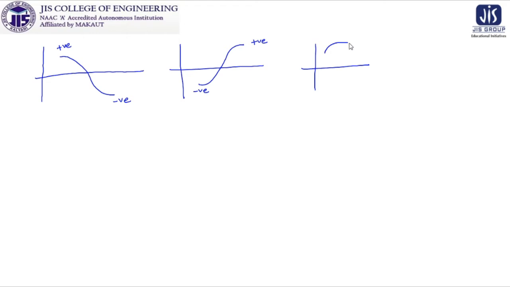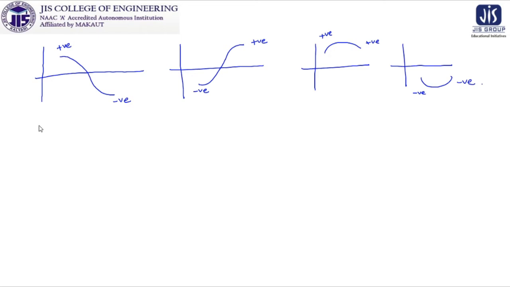I can also have a function like this, or like this, where both are positive, and here both are negative. Now please concentrate and try to think about it.